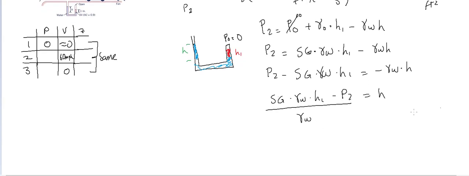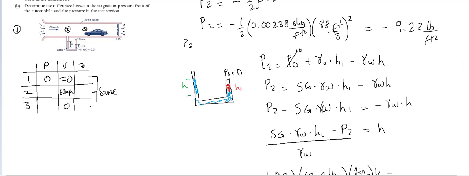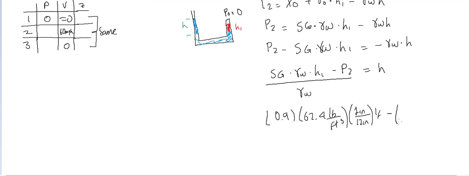Okay, so now let's substitute the values that we have. The value of the specific gravity is 0.9, times 62.4 pounds per feet cubed. The elevation h1 is 1 inch. We transform to feet by dividing by 12 inches per foot, minus the value of the pressure that we obtained in the previous step, negative. So notice that it's negative 9.22 pounds per feet squared.